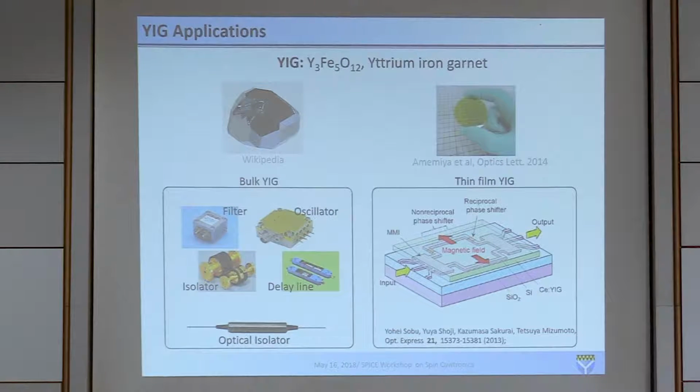You can find them used in many microwave devices as filters, as delay lines, as isolators. They're very powerful. They are also used as optical isolators. If you go to the Thorlabs website, you can buy these optical isolators.